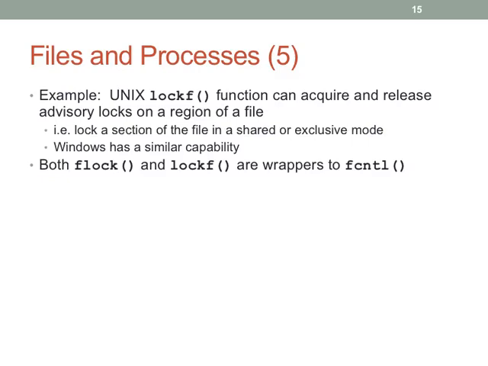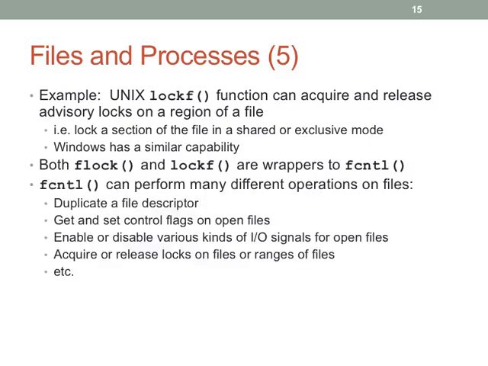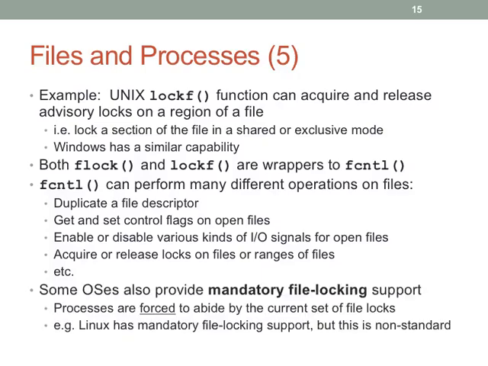Being able to turn on and off special modes for file descriptors, like turning on non-blocking mode for a file descriptor, that's something you do through fcntl. And also this advisory lock stuff is done through fcntl. So basically, you see all the kinds of things you can do through fcntl. So lockf and flock are just wrappers for specific operations.